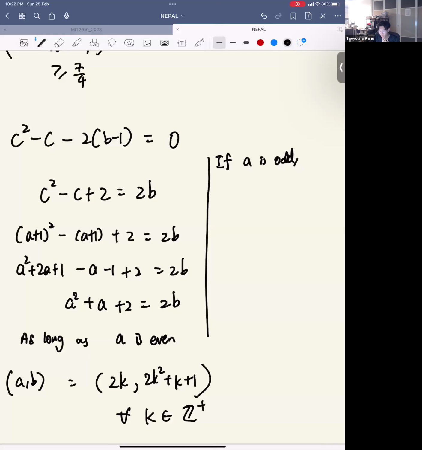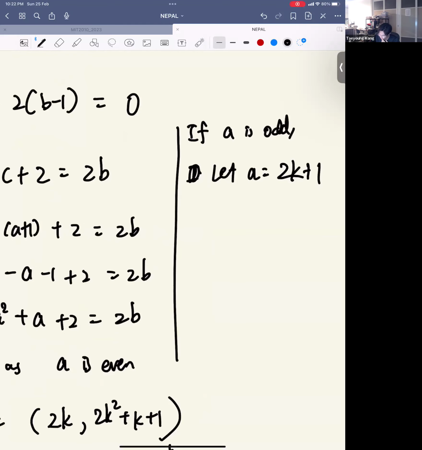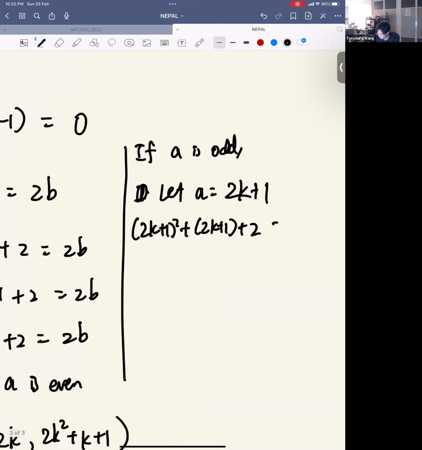If, okay, wait. Then let A equal 2k plus 1. Then we have 2k plus 1 squared plus 2k plus 1 plus 2 equals 2b, correct?